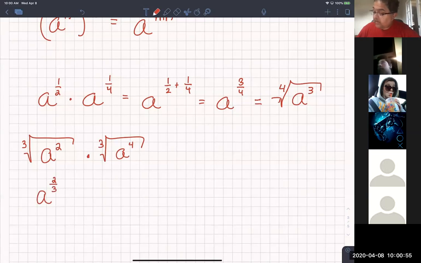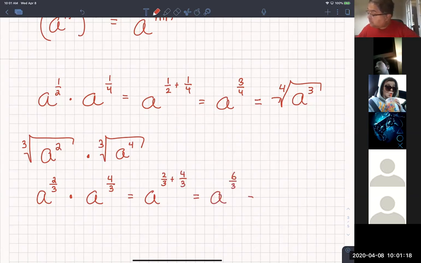So remember the exponent becomes the numerator, the index becomes the denominator. There we go.